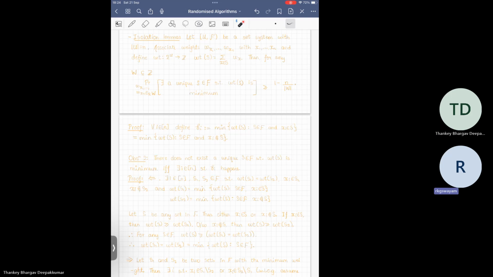So there are n factorially many perfect matchings, and if this probability depended on m, say m over size of W, then the size of W would have had to be huge, right? So what the isolation lemma does is it tells you that this does not depend on m. So even in the case of perfect matchings, you only need to worry about how many vertices there are.